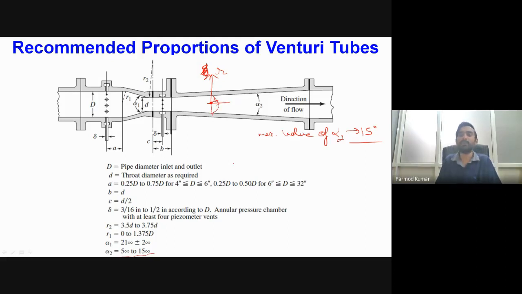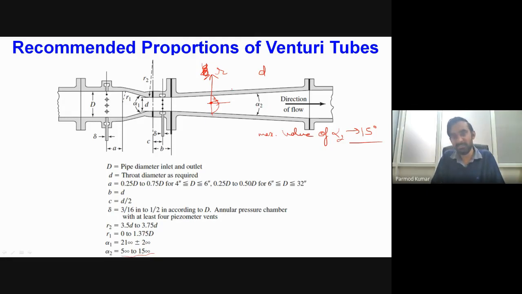Now in this divergence zone, our area is gradually increasing. Because of the increase in area, we have a decrease of velocity, and in order to satisfy the continuity equation and Bernoulli's equation, we have an increase of pressure.